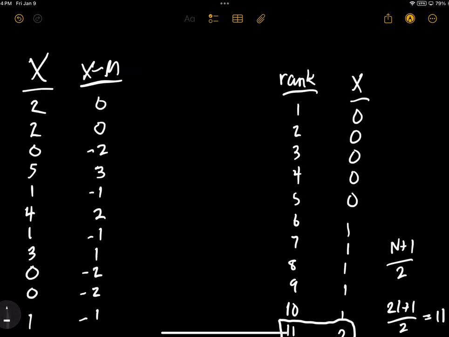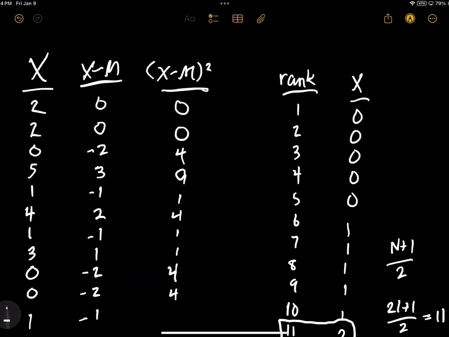The next thing I want to do in order to get to my sum of squares is take all of these deviations and square them. Okay, so 0 squared, 0, 0, 4, 9, 1, 4, 1, 1, 4. Sorry, that's a 4.